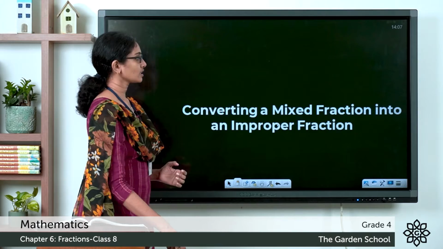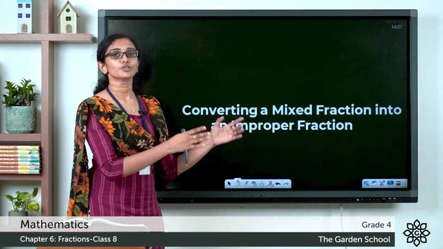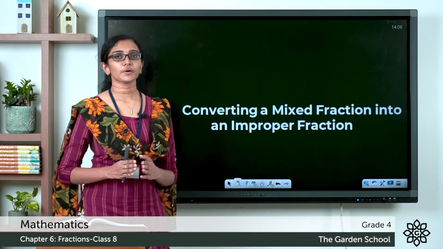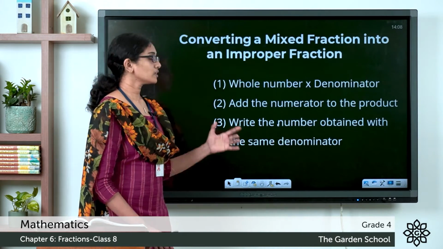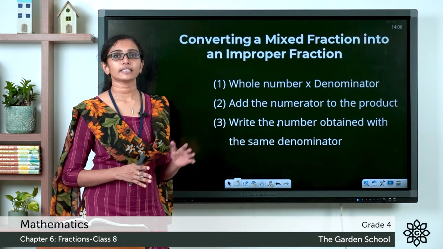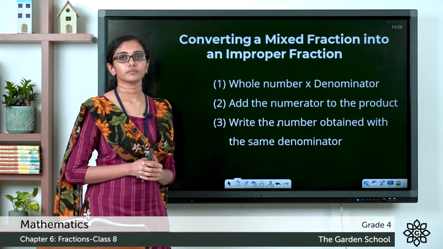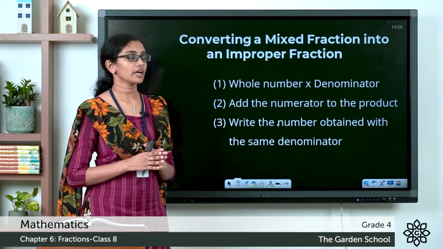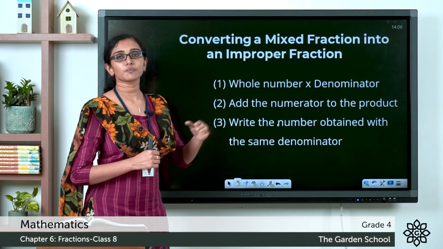Now, let's see how we can convert a mixed fraction to an improper fraction. Here also a few steps are involved. Let's see the steps. The first step is to multiply the whole number of the mixed fraction with its denominator. Then you get a product and you have to add the numerator of that mixed fraction to this product obtained.